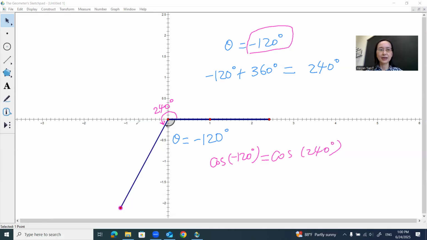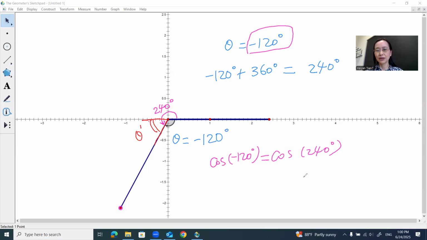Cosine 240 has a reference angle. So what is the reference angle? The reference angle will be denoted by theta prime. It is the acute angle formed by the terminal side and the x-axis, right?